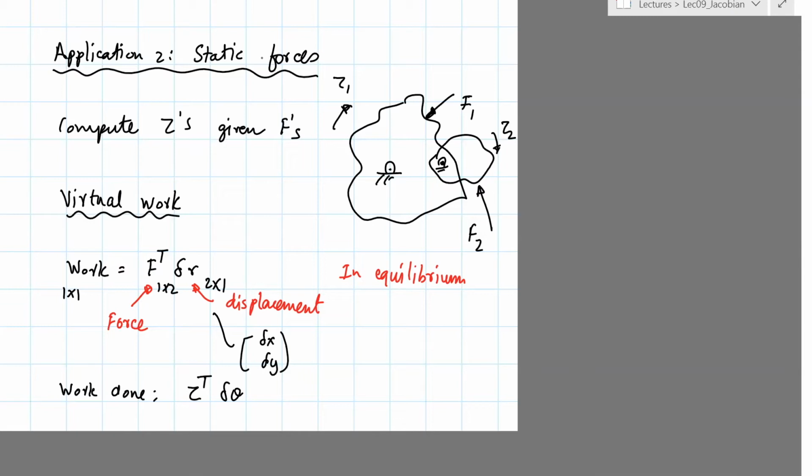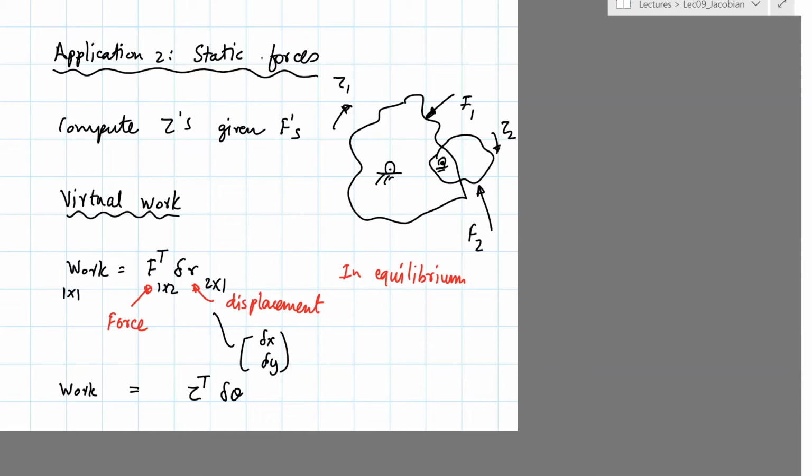Again, the same logic: for this multiplication to make sense, we need tau transpose, because it's a 1 by n. Here there are 2 torques, but it could be n torques, and corresponding to those torques will be n thetas. To make that consistent, we'll always have tau transpose d theta, which is again a dot product.